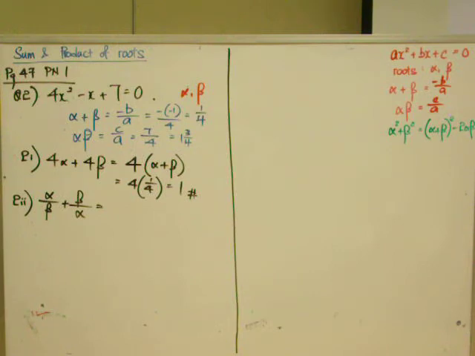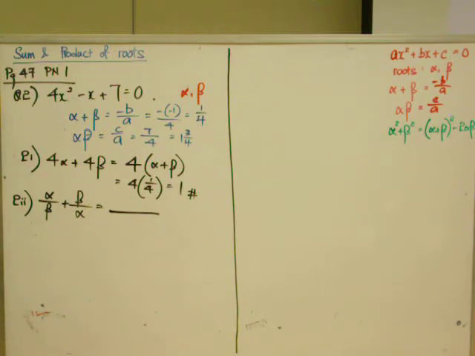What will you do first? Do we have individual value for alpha and beta? Don't have. Then what can we do? Yes, Swati? Single fraction by combining them into common denominator. So if I want to make them into a common denominator, please take note, this is important.